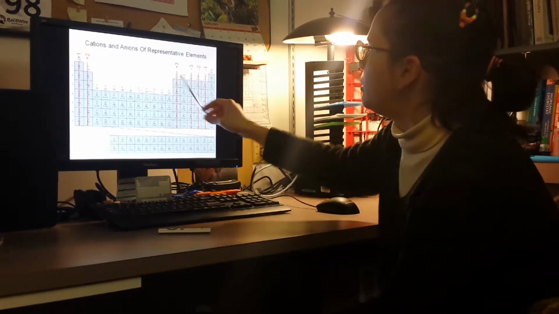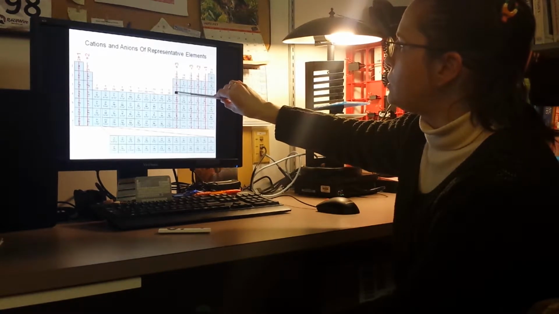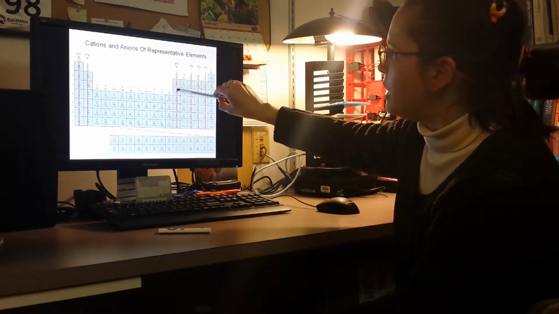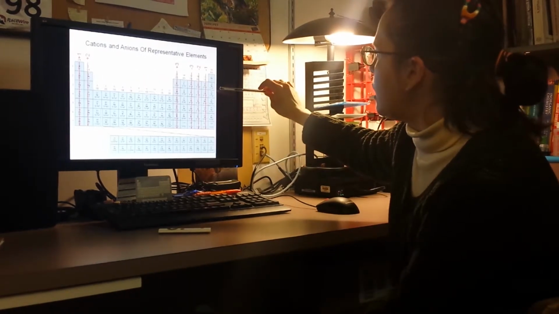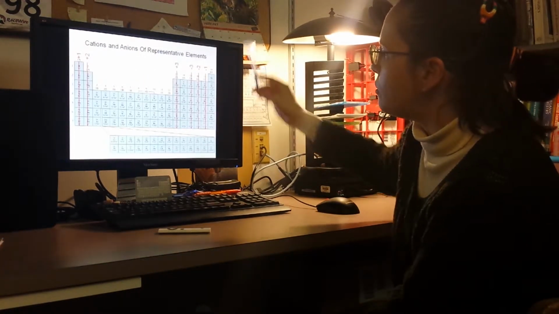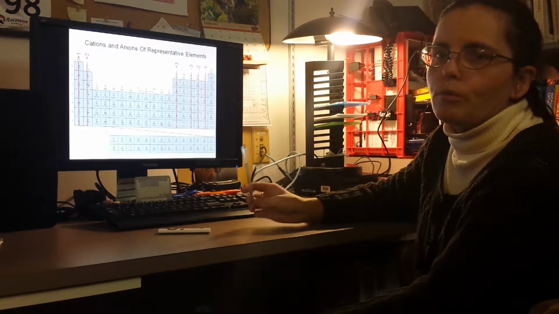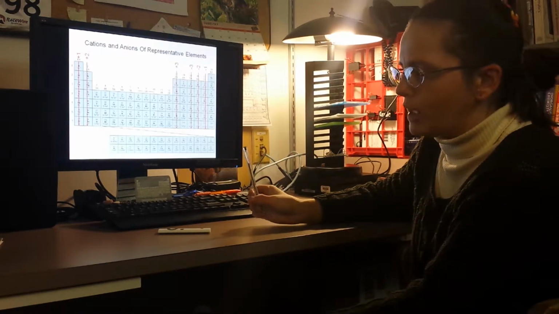And for aluminum, which is right here, it lost 3 electrons to be Al3+, so we lose 1, 2, 3 electrons, which puts this also back at neon. That's how the ions go back to their noble gas configurations.